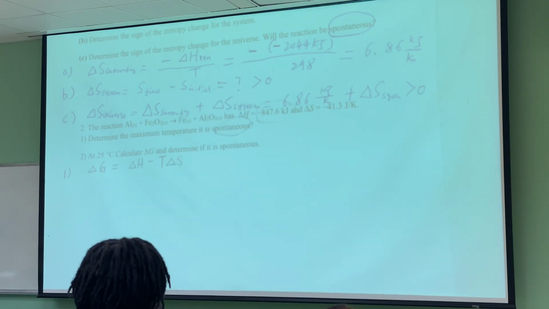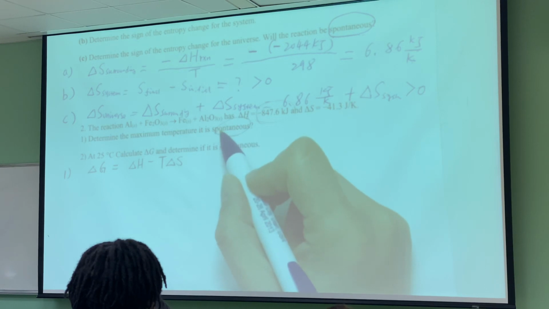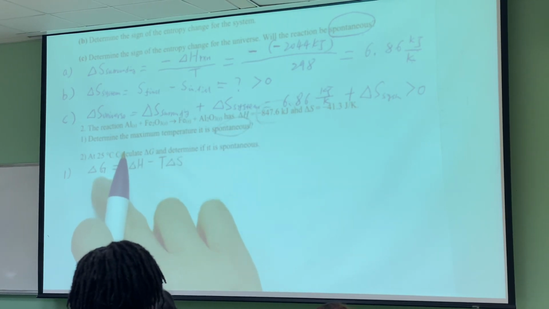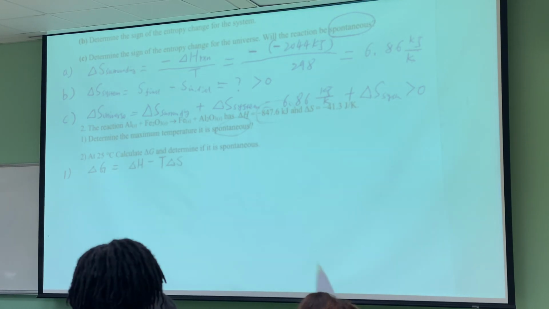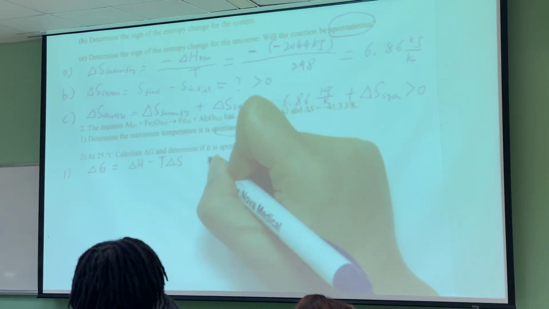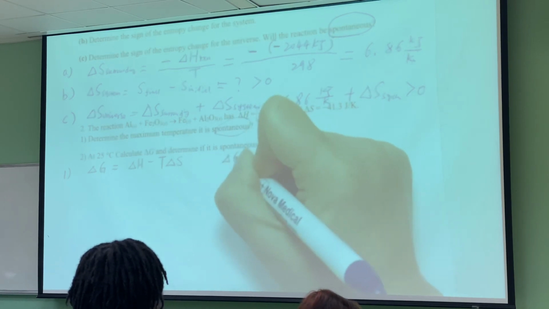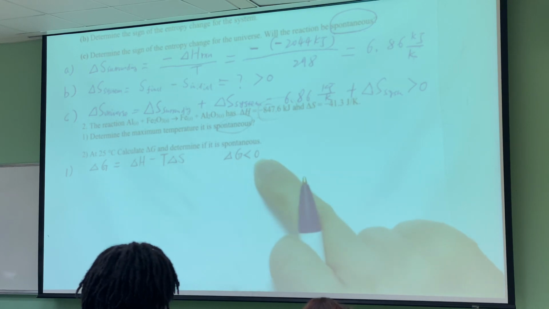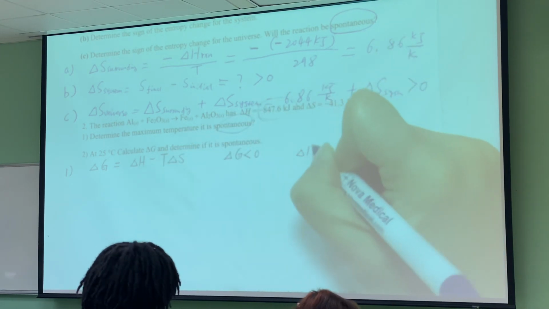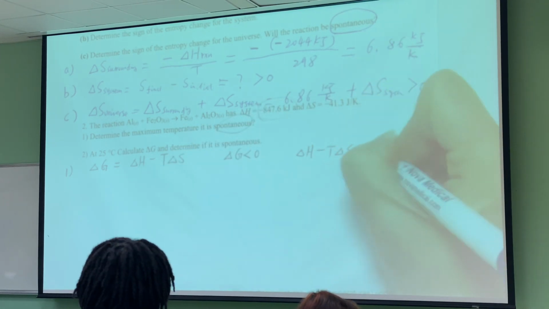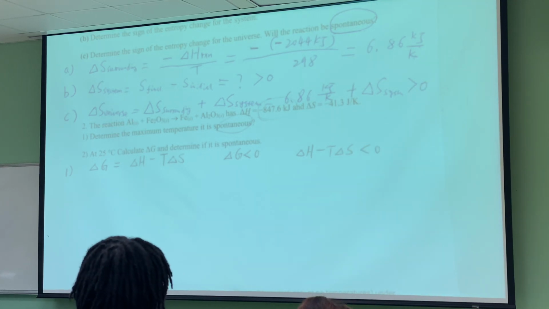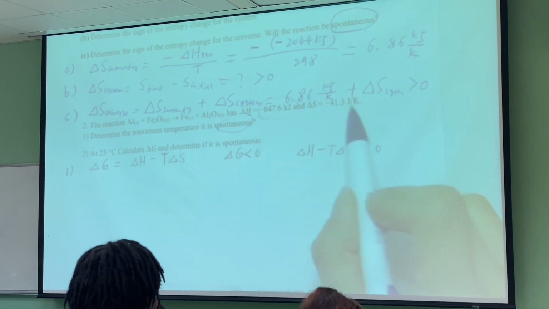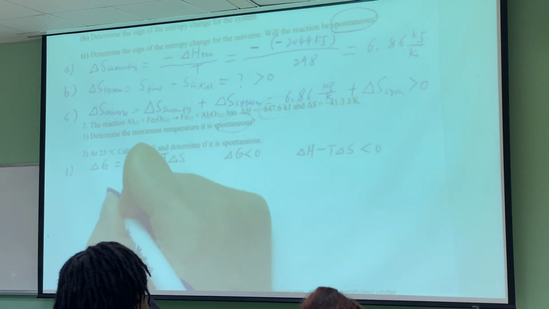To make the reaction spontaneous, what should happen to your delta G? Positive or negative? Negative. I need a negative delta G. When delta G is negative, it means your delta H minus T delta S should be negative, because they're equal, right?